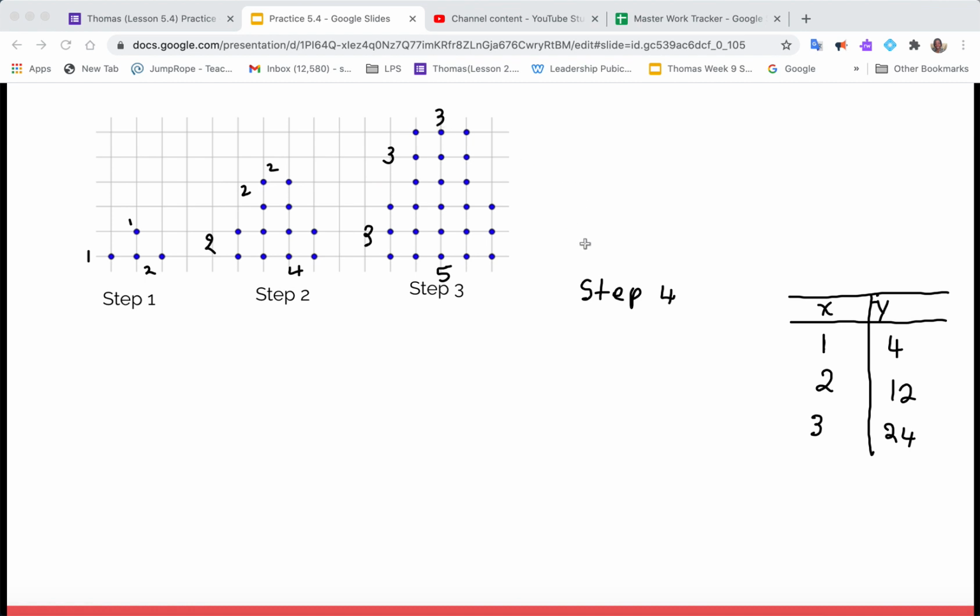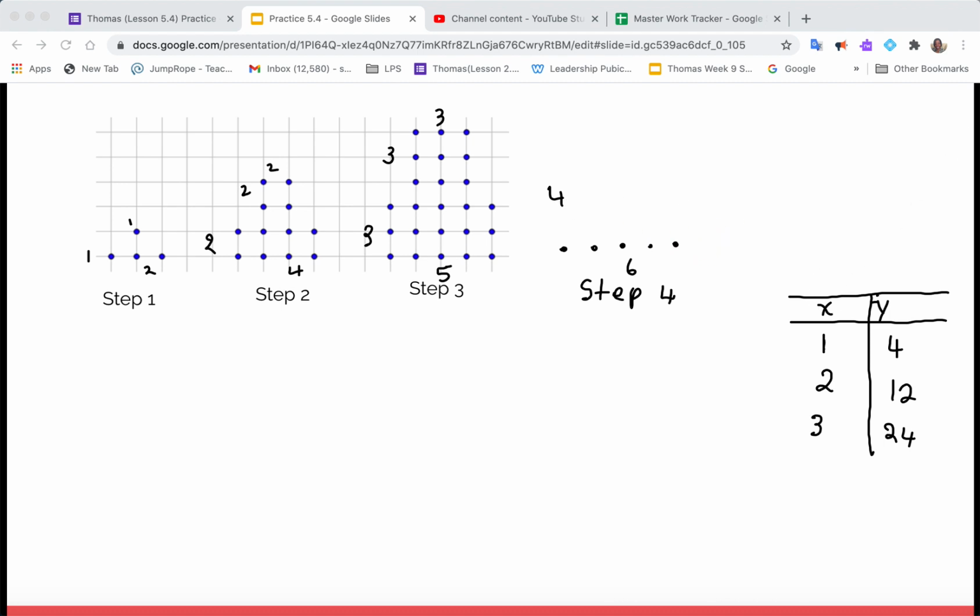And so for step 4, it looks like I would have a 4 by 6 based on how my number pattern is going, and then a 4 by 4. So I'm going to do 1, 2, 3, 4, 5, 6.